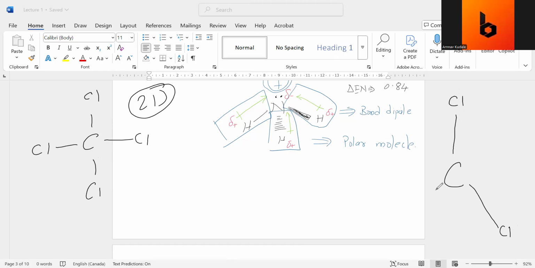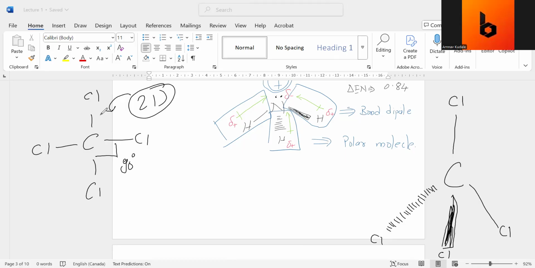Then one of them is going behind the screen, and this one is coming out of the screen towards us. If you consider this structure two-dimensional, the bond angle will be 90 degrees.